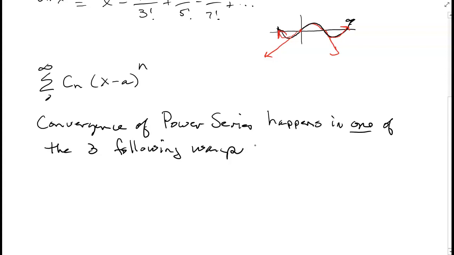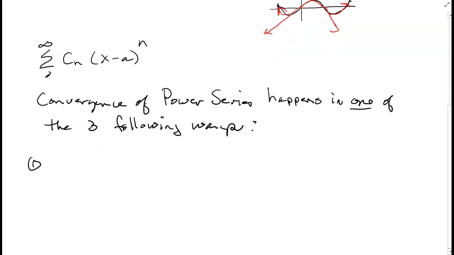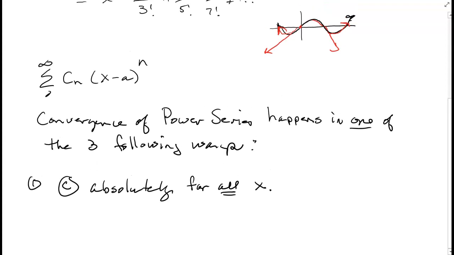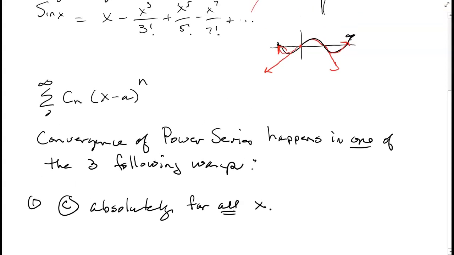We saw examples for 2, but let's write them out. So we can converge absolutely for all x. That's what happens in the case of our Taylor polynomial for our sine curve.